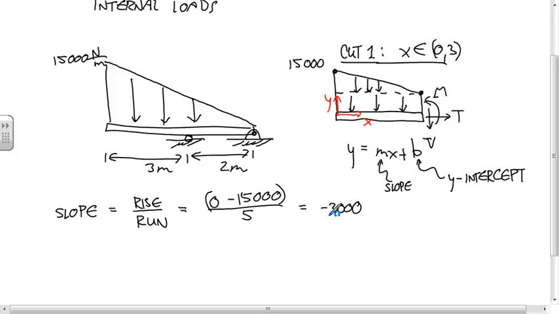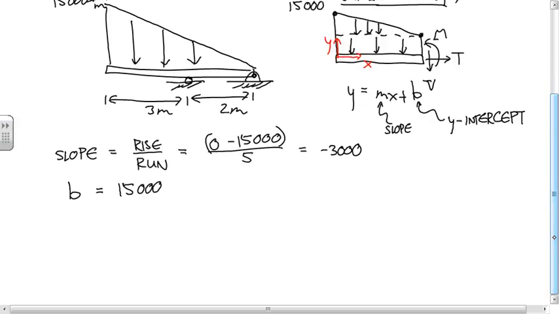And now what's the y-intercept of this line? Yeah, right. The y-intercept is the y value when x is equal to 0. So b is just equal to 15,000. And so the equation for the line is negative 3,000 x plus 15,000.